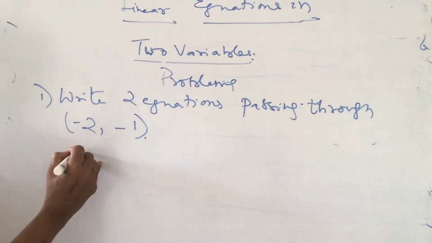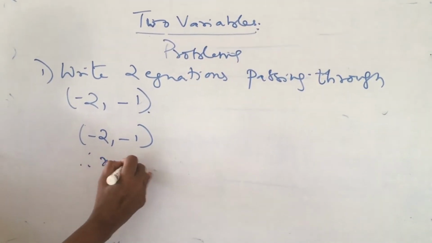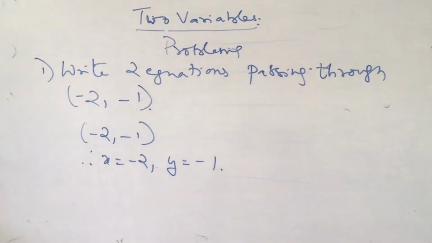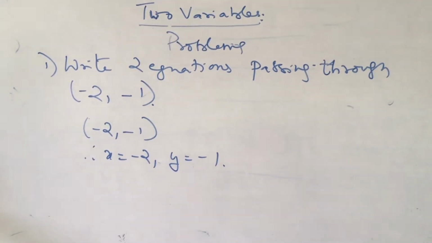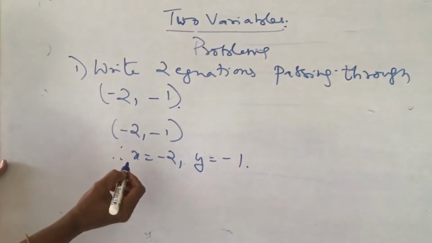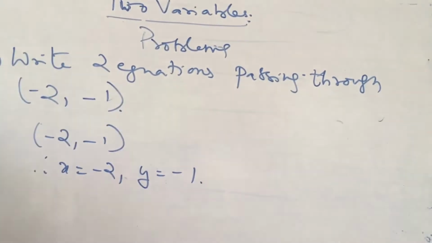Infinite lines can pass. Minus 2, minus 1. Therefore, x is equal to minus 2, y is equal to minus 1. Infinite. All of you need not get the same answer children. It can vary. You write an expression having x and y values.